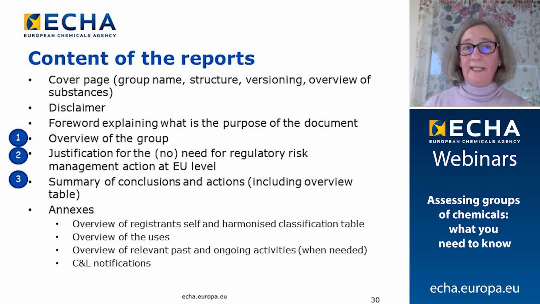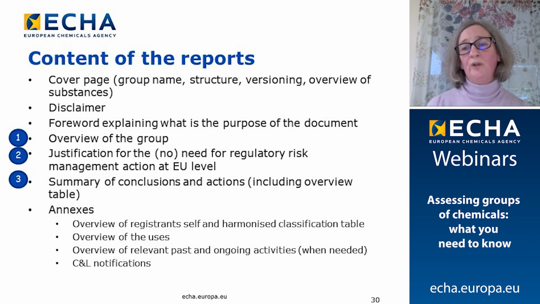So going now really to the core of the reports. So quickly, the content of the report, and I will go a bit more in detail of what you find and how we have also structured the information in those. So we have, in general, a cover page with some information on the group structure and an overview of the substances. We have a disclaimer, a foreword, explaining what is the purpose of the document.